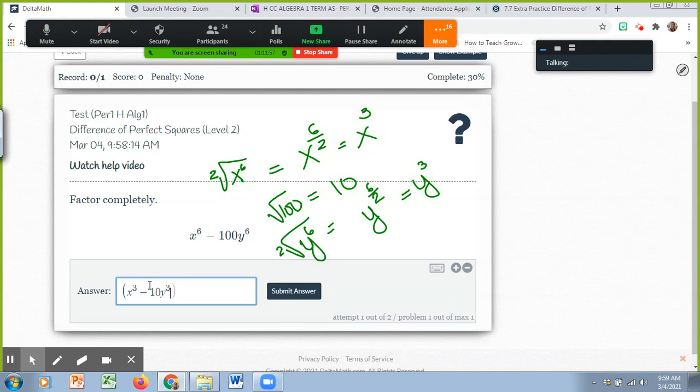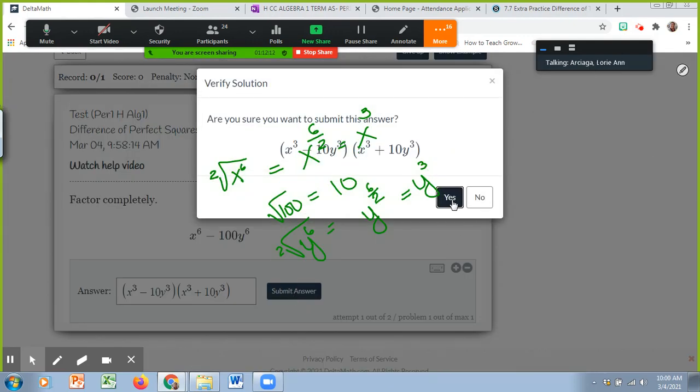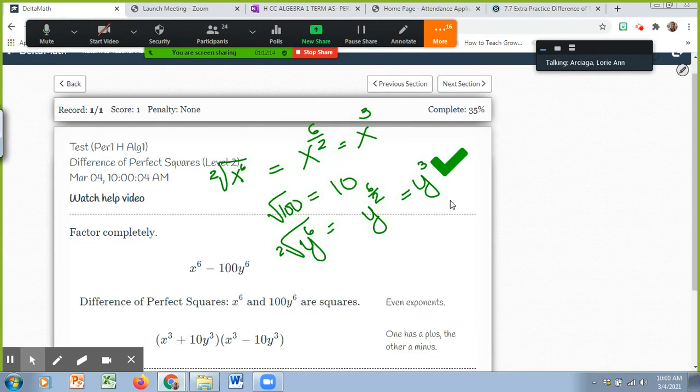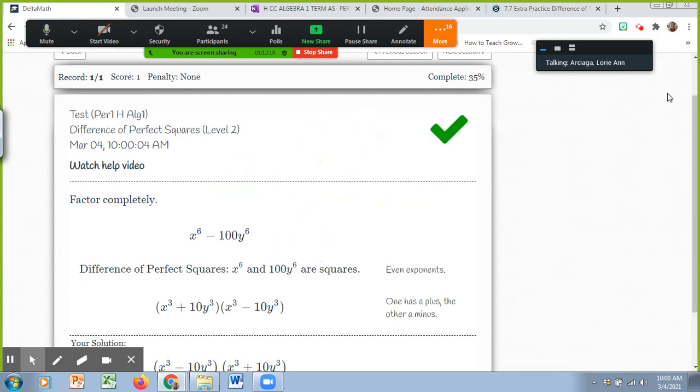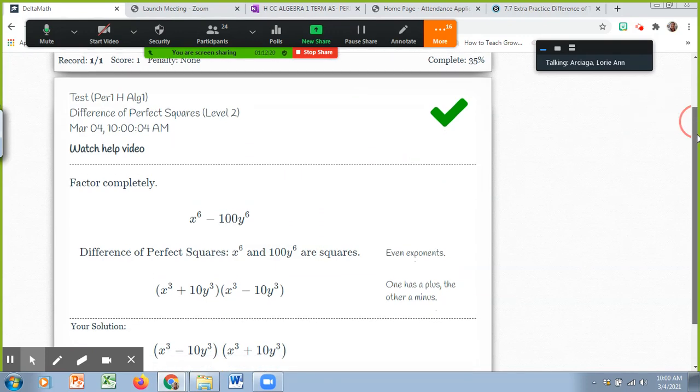Okay. And then x cubed. All right. Submit answer, and yes, there you go. Okay, so that's the level 2. So you're gonna keep getting the square root of the variable and the number.